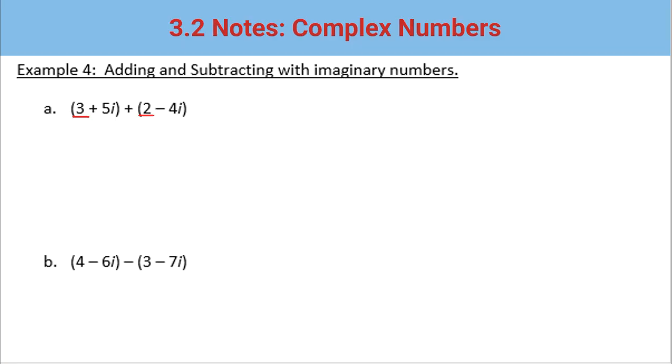Well, 3 plus 2 is 5, and then 5i minus 4i is just i, right? So my solution is 5 plus i. I cannot break it down any further than that.